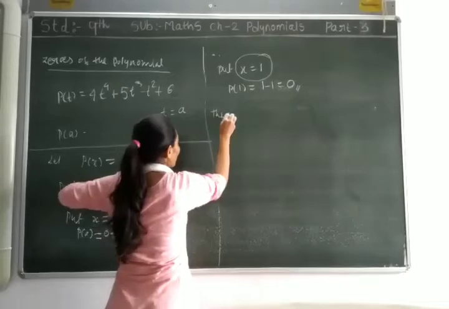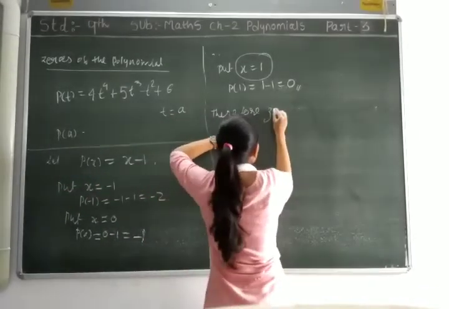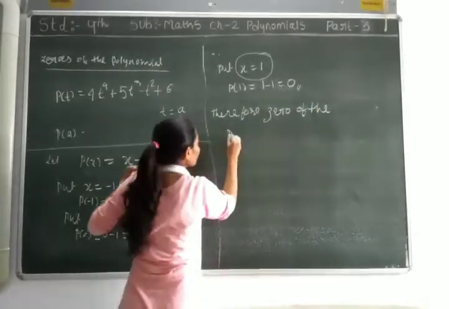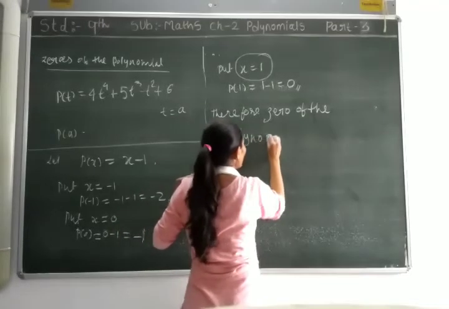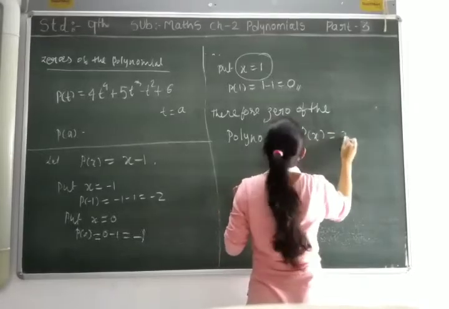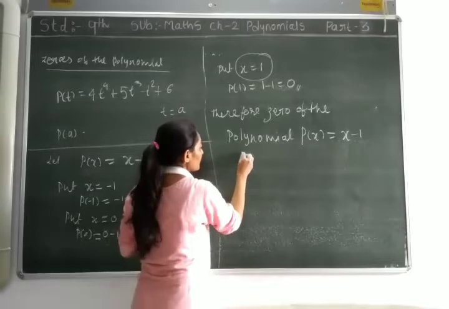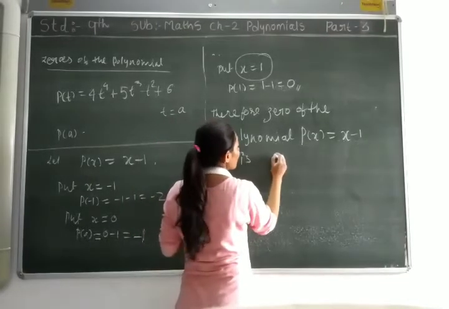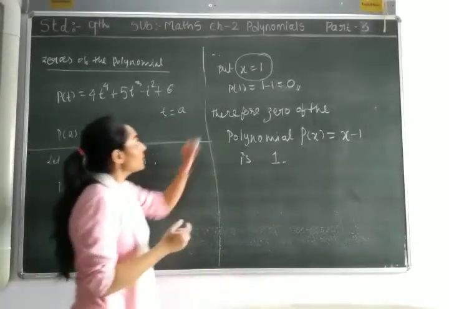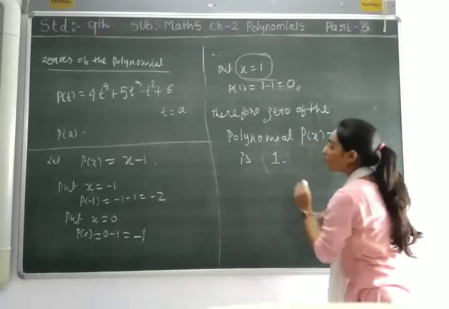Therefore, the zero of the polynomial p of x equals x minus 1 is 1.